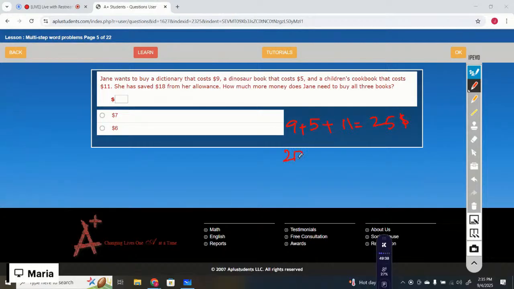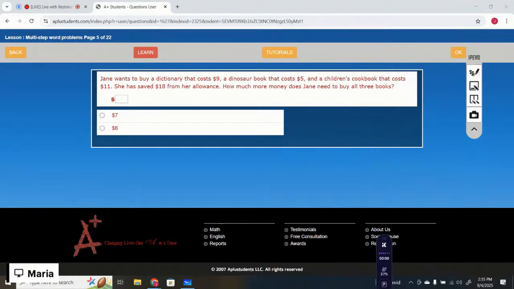She already has 18. 25 minus 18 equals $7. Option number 1 is the correct option. That is $7.